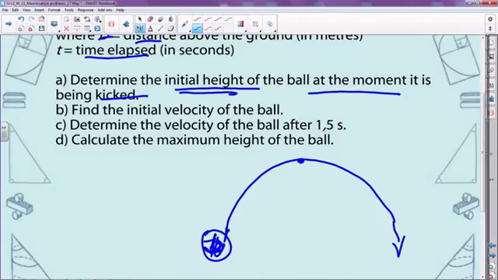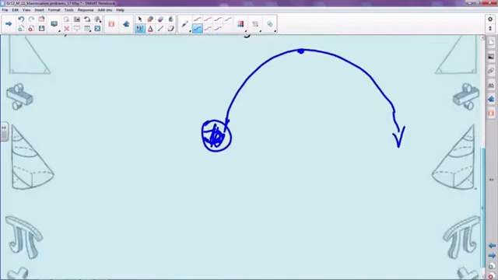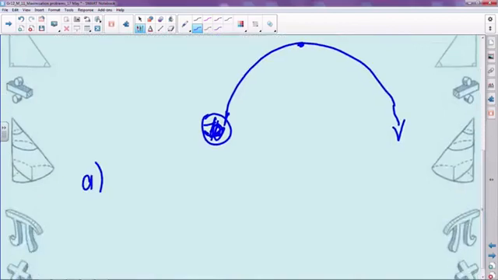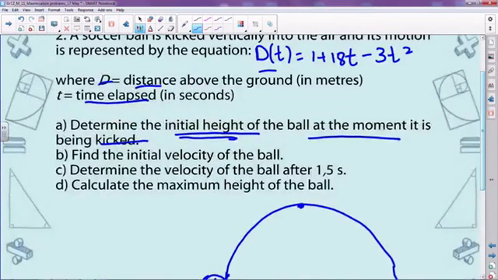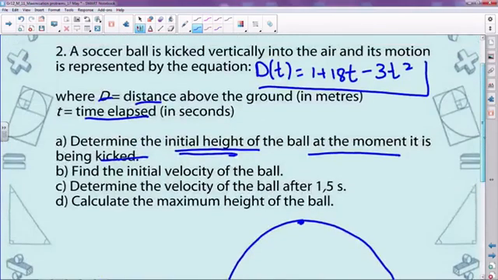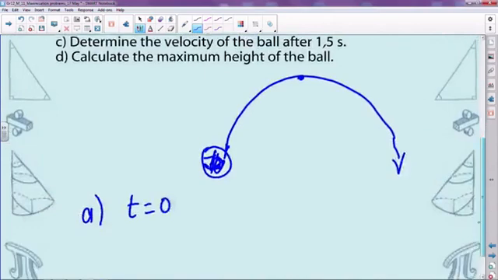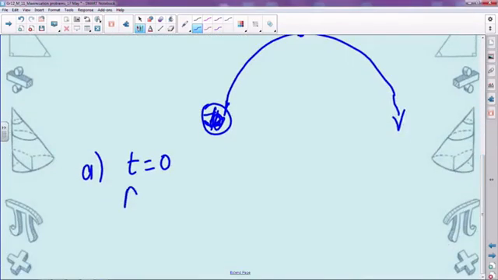So that means that your time there is 0. So for A, we know the time is equal to 0. We are asked for the height of the ball, and we know that the equation that gives us height is this one. That's the equation that gives us the distance above the ground in meters. So if I want to know what the height of the ball is when time is 0, I replace t in that equation with 0.